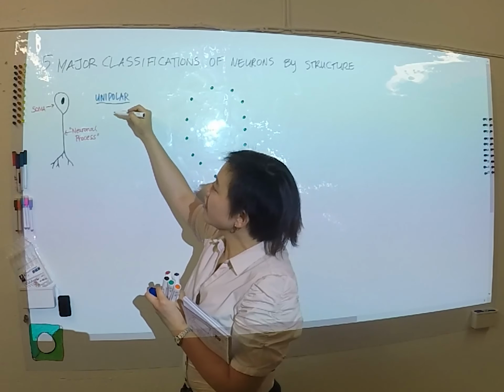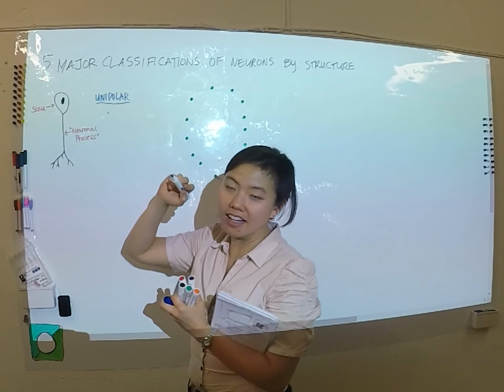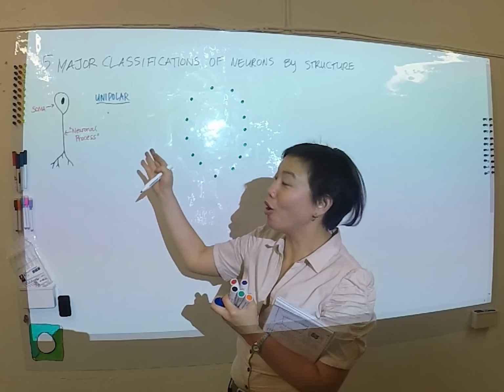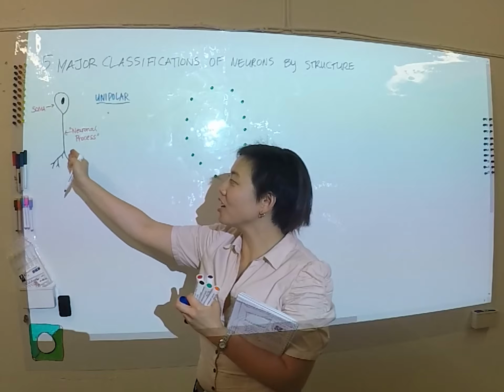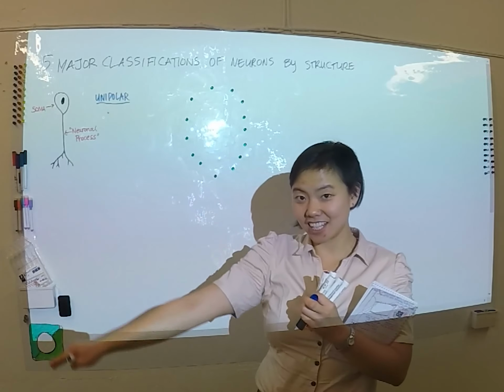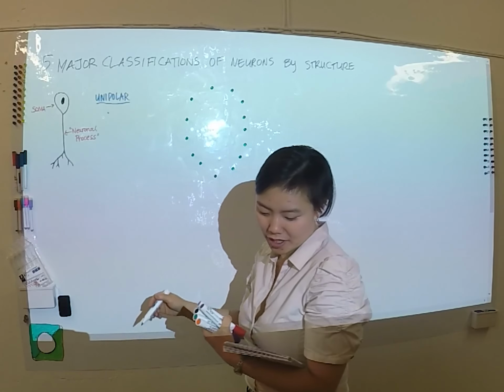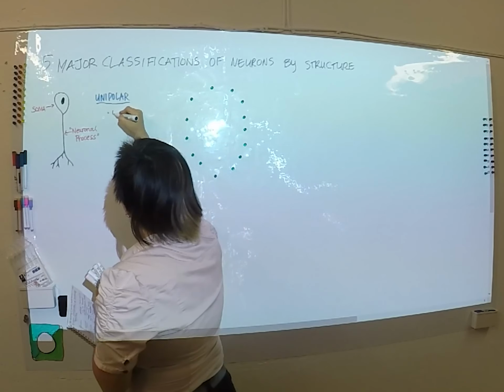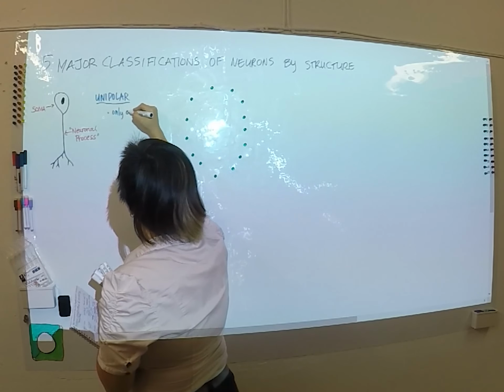And the thing that defines a unipolar cell is that it has only one neuronal process extending away from the soma, okay?